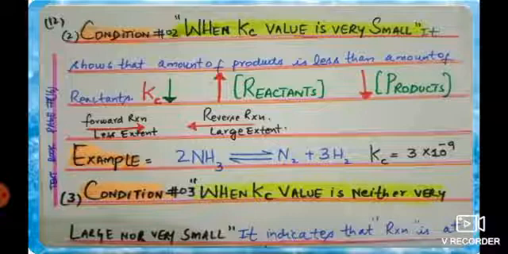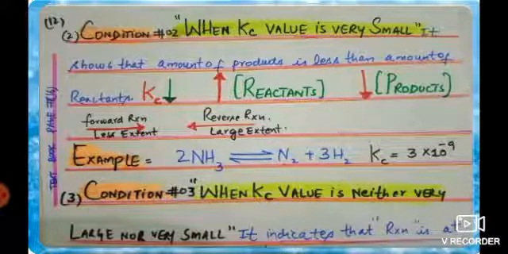The below arrows with the black color writing show that the forward reaction has taken place to a lesser extent, while the reverse reaction has taken place to a large extent, due to which we can say that the reactants are present in large amount while the products are present in small amount. Now we can explain it by an example.